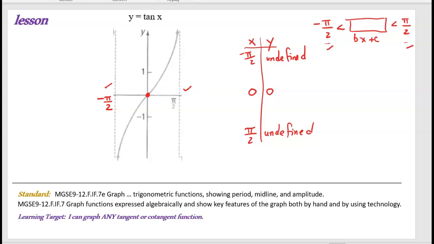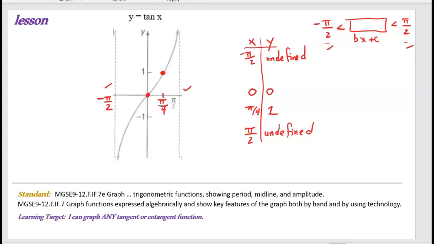So halfway between this midpoint and that boundary, pi over 2, is pi over 4. And here's what's nice about the tangent function. When I plug in pi over 4, we already know that tangent of pi over 4 is 1 from the unit circle. So pi over 4 goes to exactly 1. So that's a nice clean number to find. And it depends on the a value.